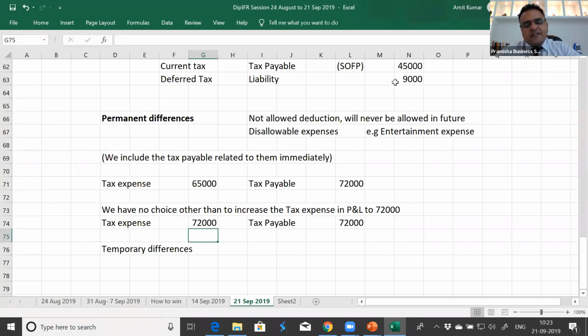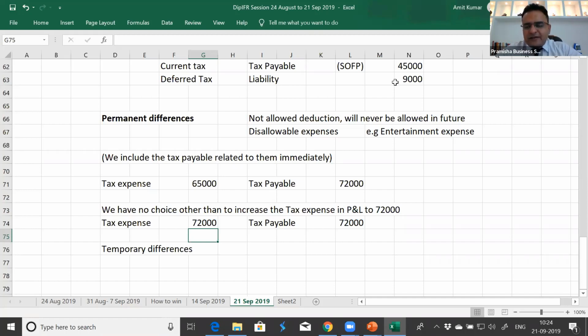So the presentation of financial statements justifies that we can include this as part of our expenses, if the Companies Act, the statutory requirement or the accounting standard allows us to include entertainment expense before reaching our profit.